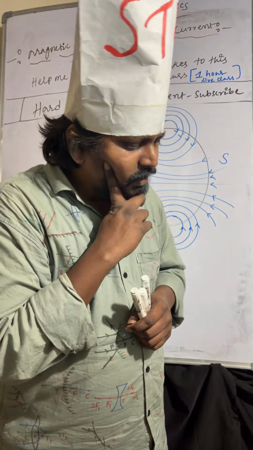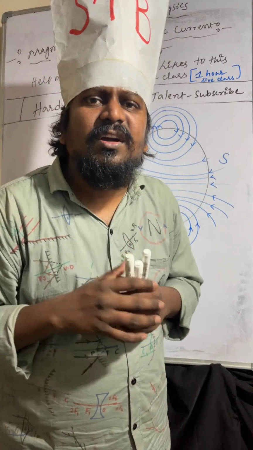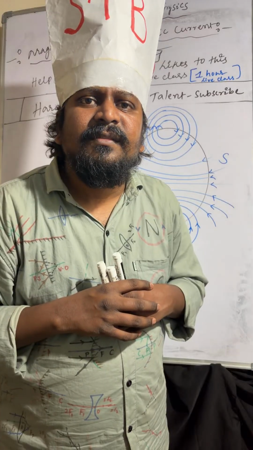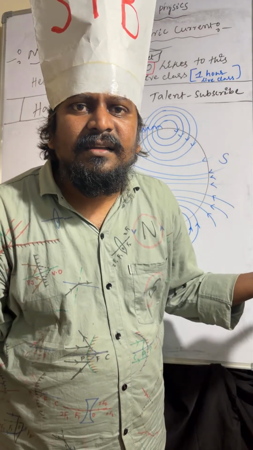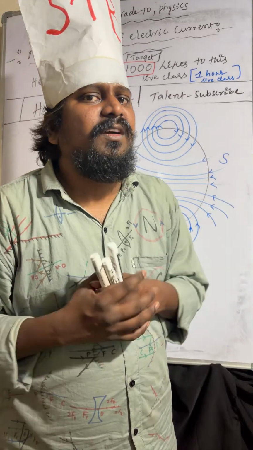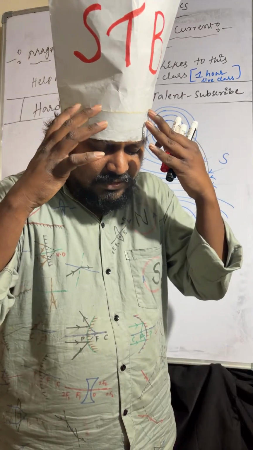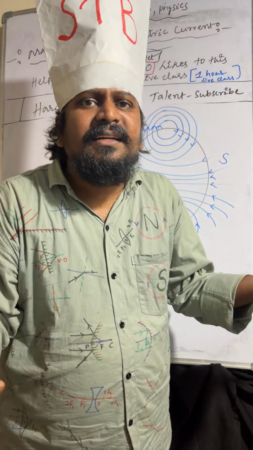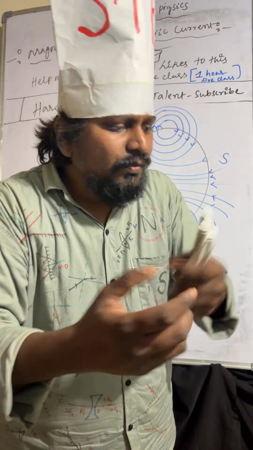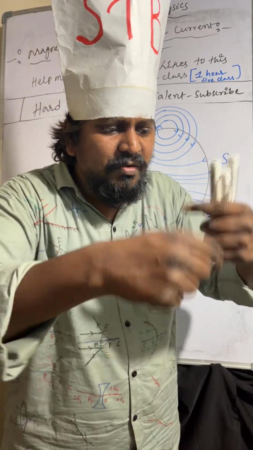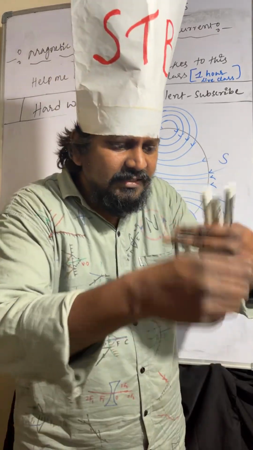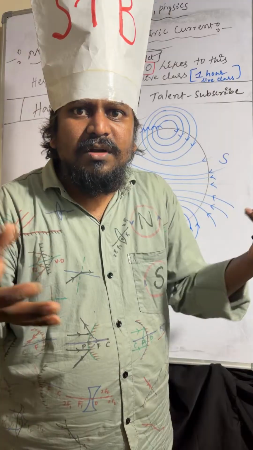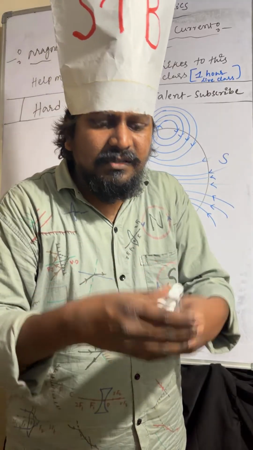Sir, what about solenoid, sir? What is solenoid? I'm getting a lot of confusion, and sir, how can you take the directions? Some people will say wrap like this, insulated copper wires.